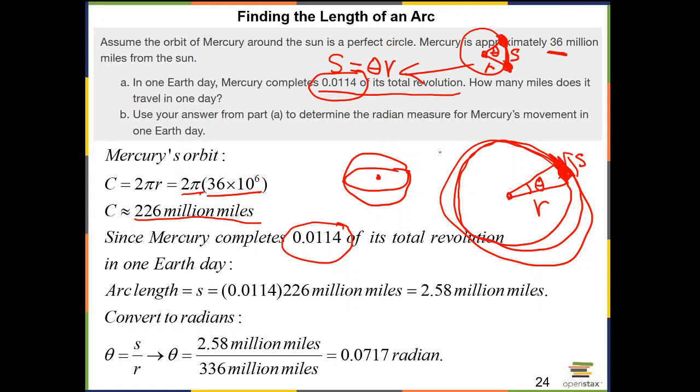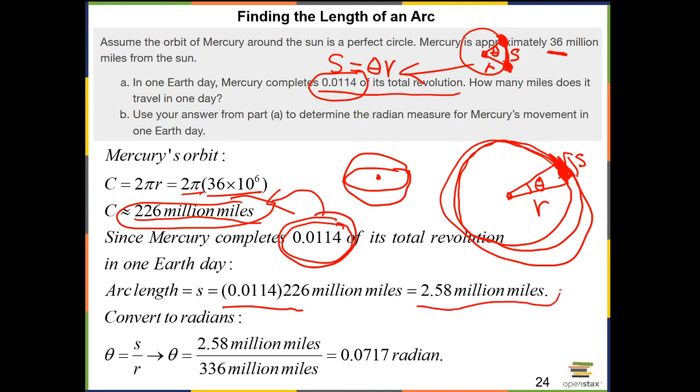Well, we know the circumference is this much. So the question is, what is this much of that? And we multiply, right? And we get about this many million miles. So that is S right here, right?